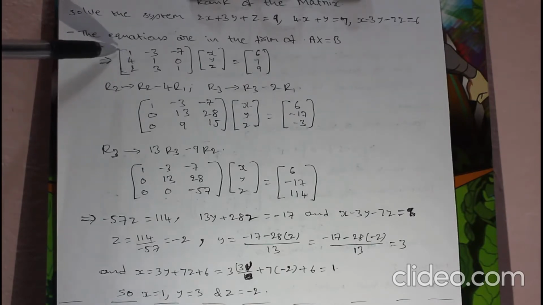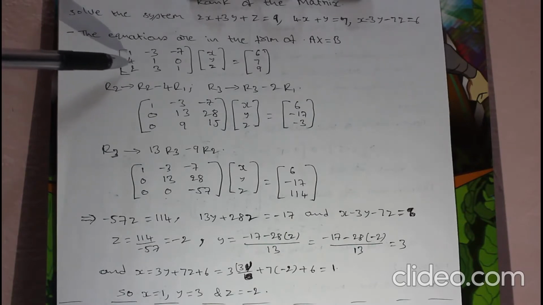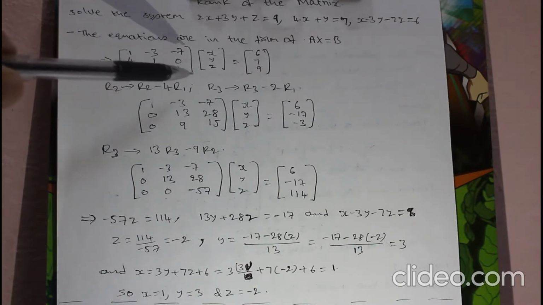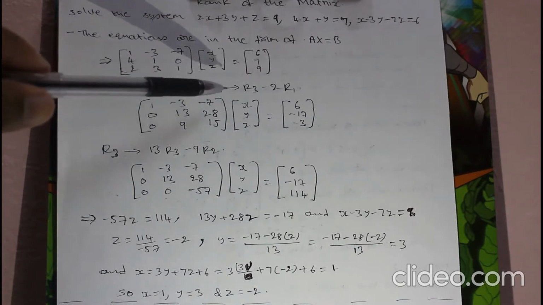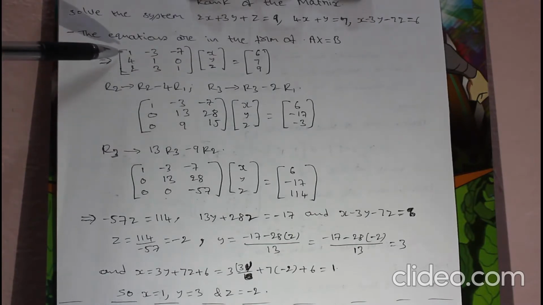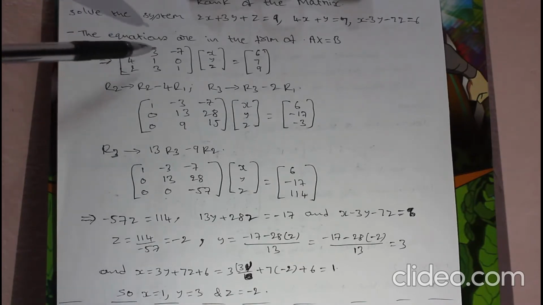How is it possible? Multiply the first row by 2 and subtract it from the third row. So R3 is R3 minus 2R1. After that we have to make this 0. How? Multiply the first row by 4 and subtract it from the second row. So do these two operations first.